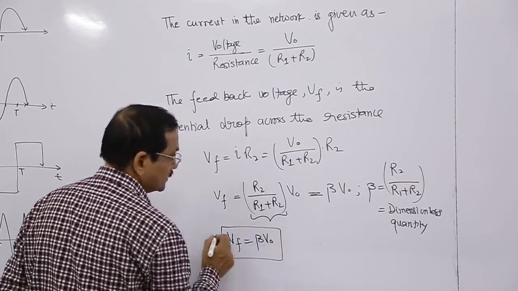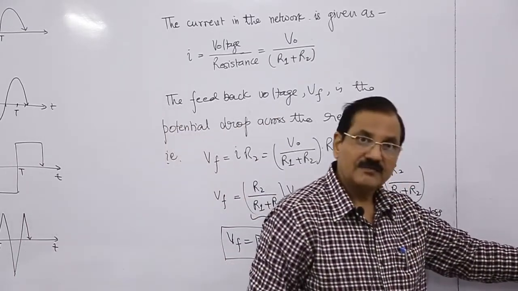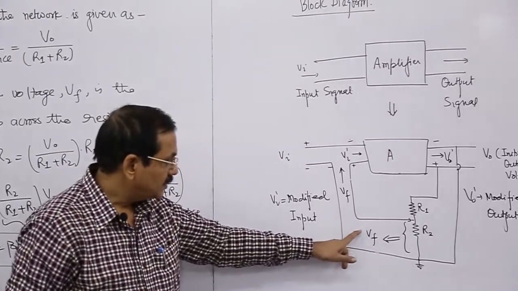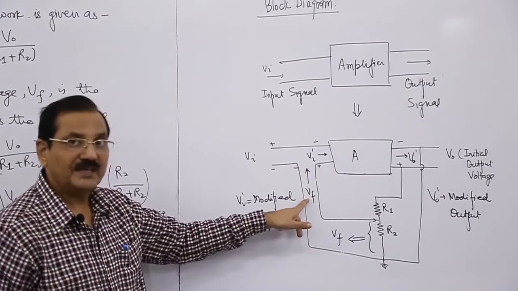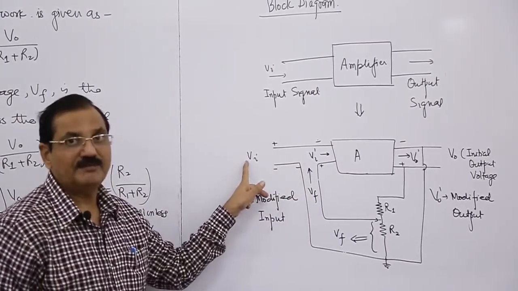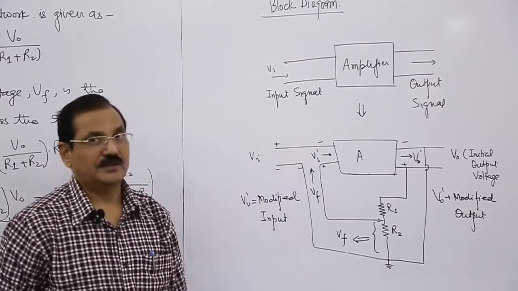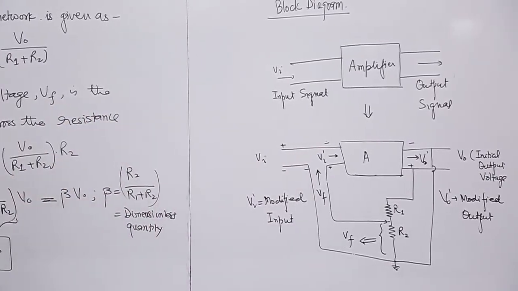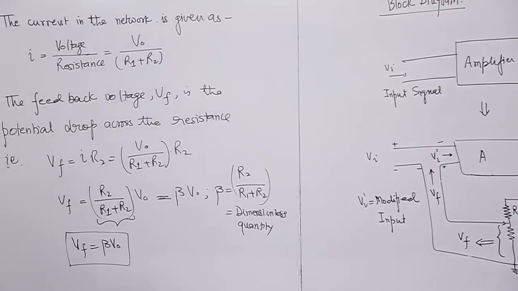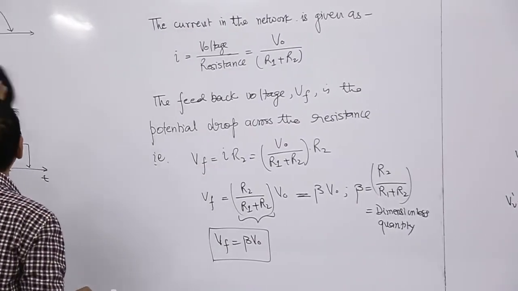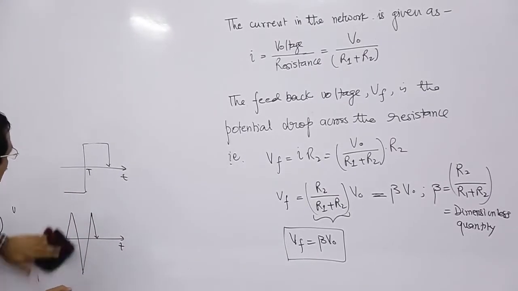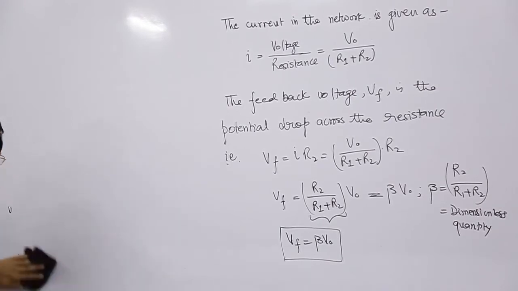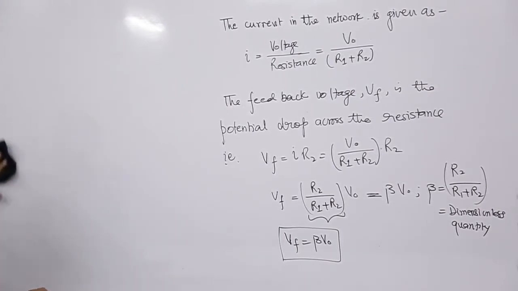This feedback voltage goes from the given circuit to the input. So due to the presence of this Vf, the input is modified, and the modified input is expressed as Vi dash. So this Vi dash can be expressed in terms of V0 and the gain of the given circuit.